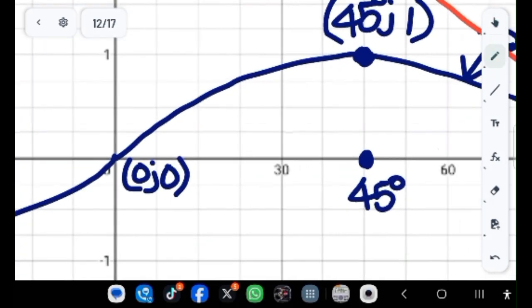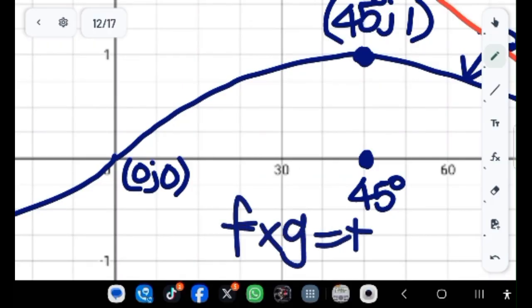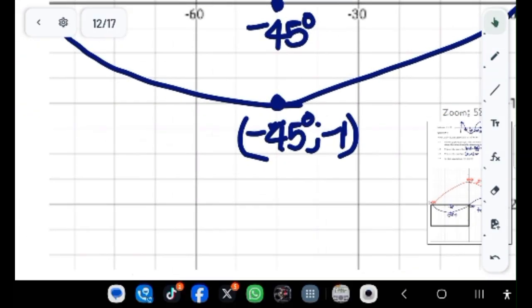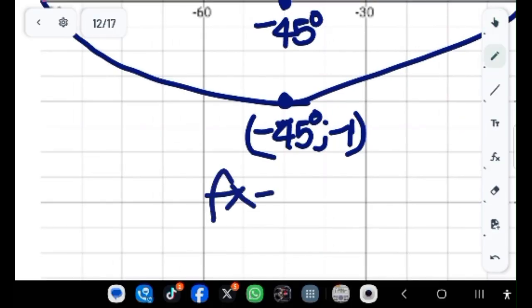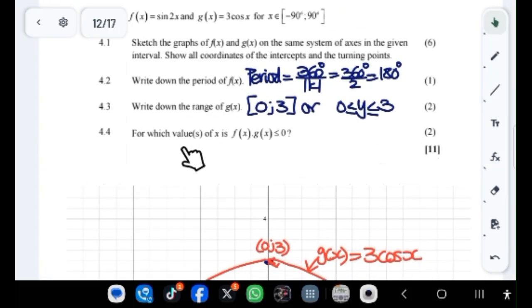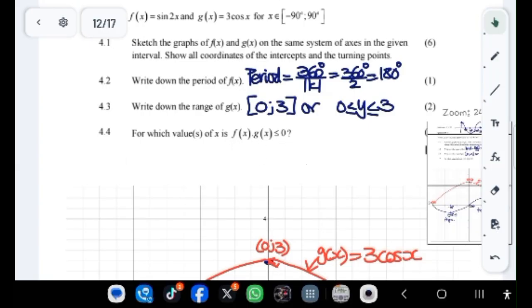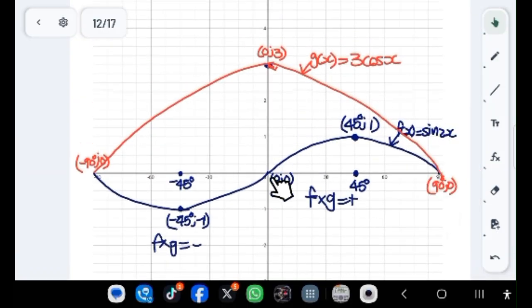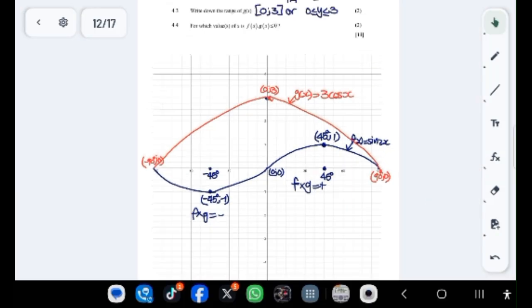So here, f times g will be positive, and here f times g will be negative.